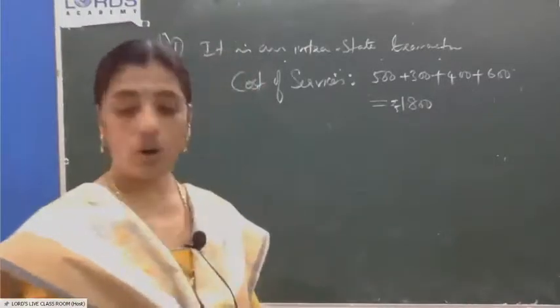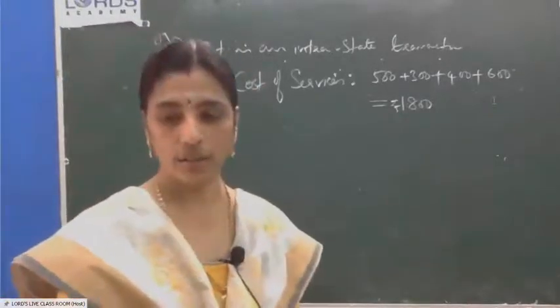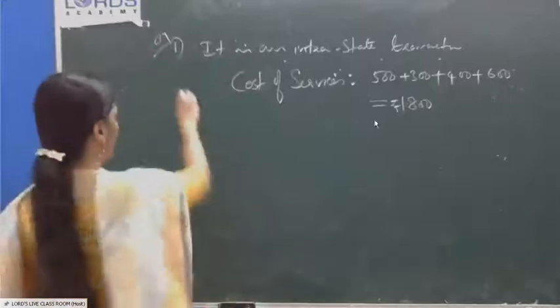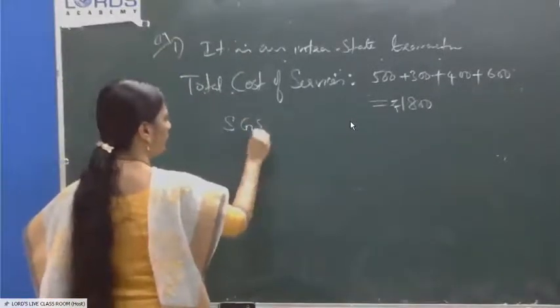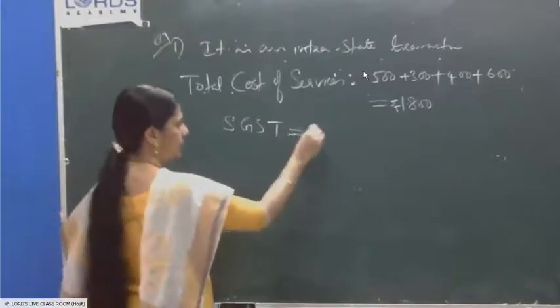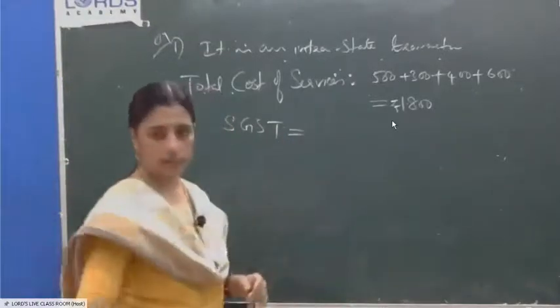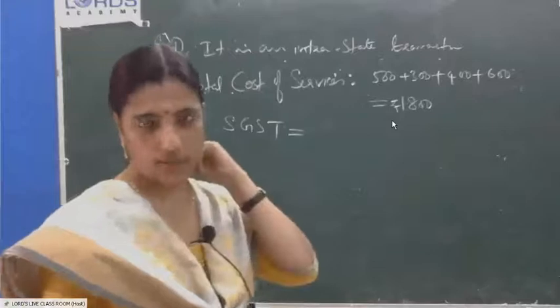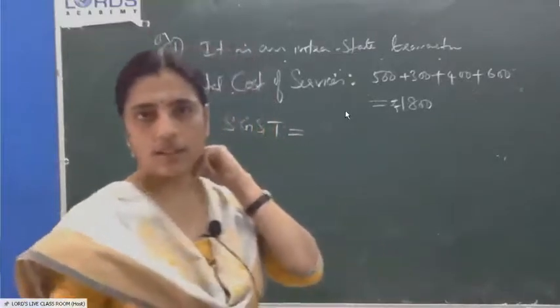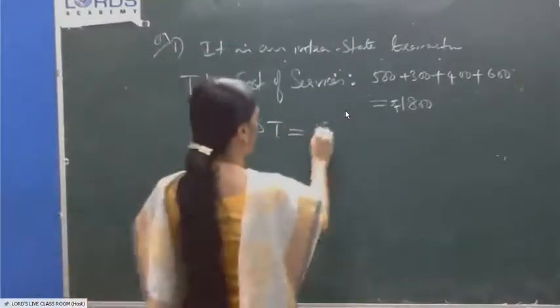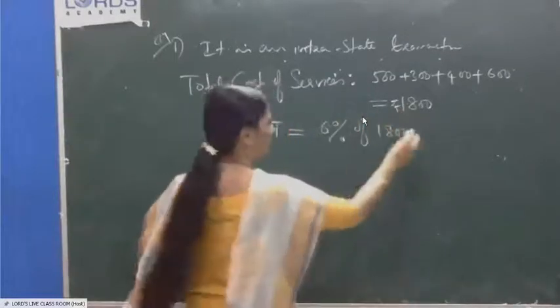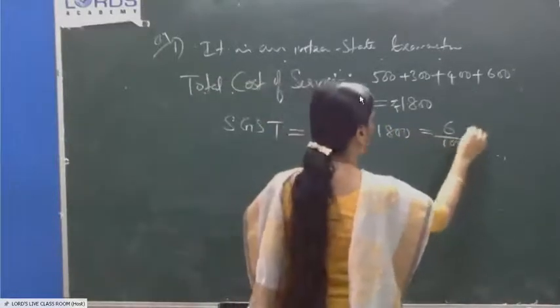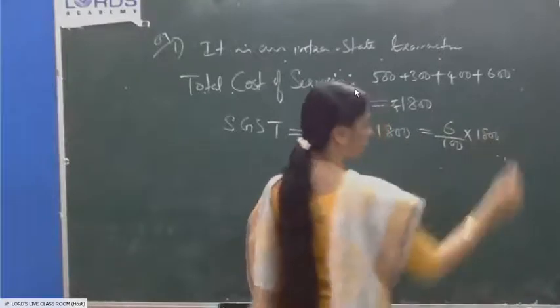You write total cost of services. Okay. Now you write as GST. Both we need, CGST also. How much did they tell? 18%. No, 12%. So 6% to central, 6% to state. 6% of this 1,800 is equal to 6 by 100 into 1,800.